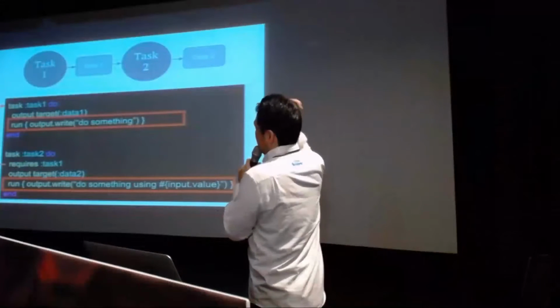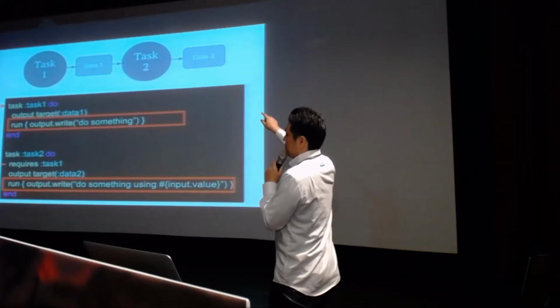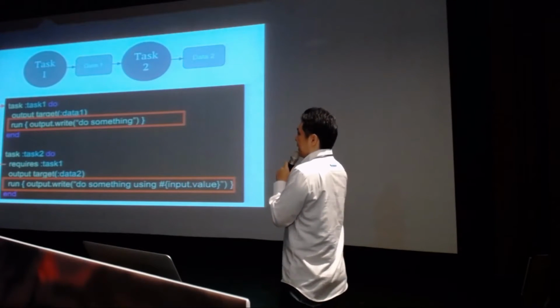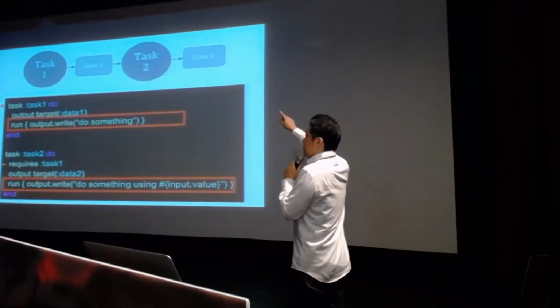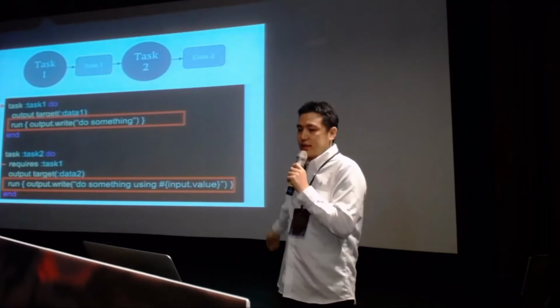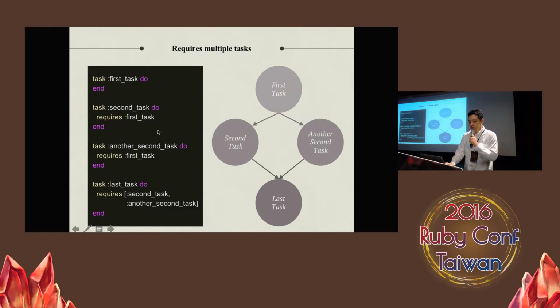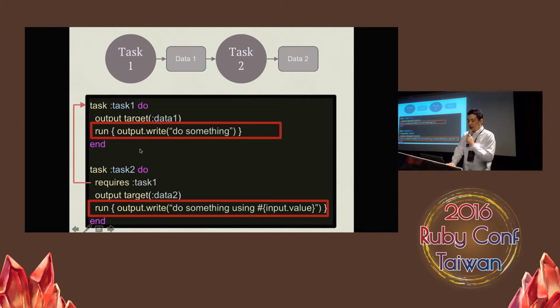In this code again, you can see the run method, which implements how you generate the output data. Task 1 only generates the data using output, and task 2 is dependent on task 1, so task 2 requires task 1.